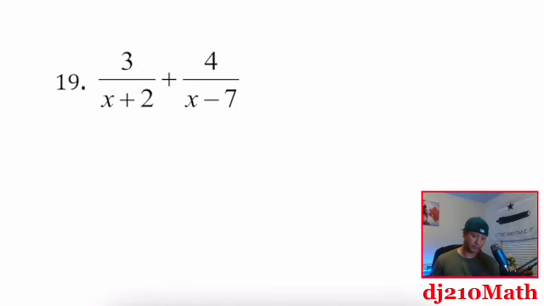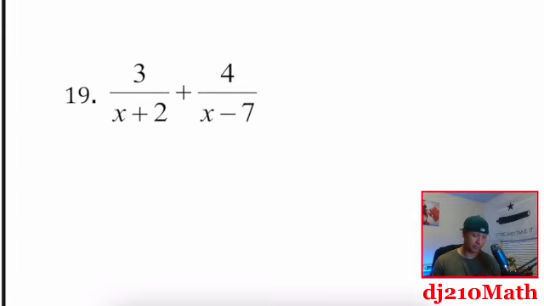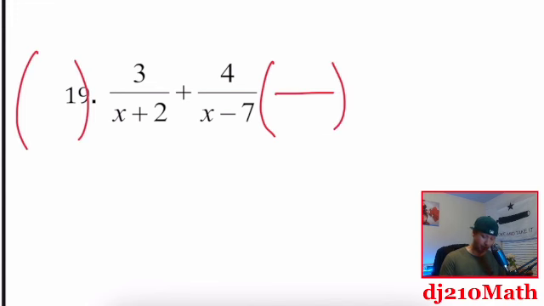So we just need a common denominator, right? It doesn't matter if it's the lowest or whatever, but we just need a common denominator. So what we want to do is multiply both sides by the other denominator, right?